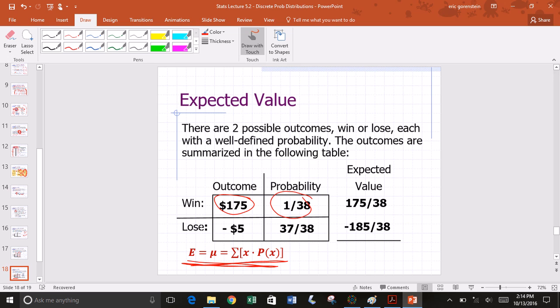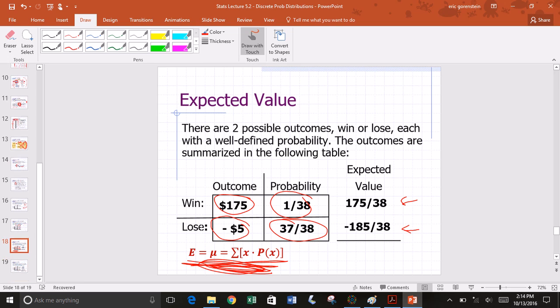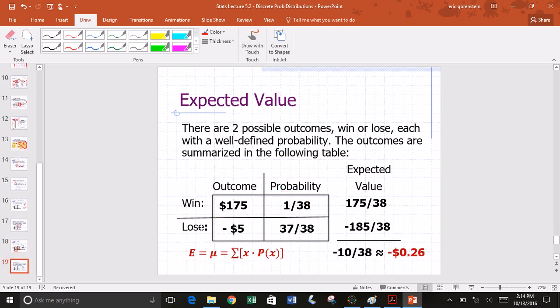And if we take, in the loss case, x times p of x, we get negative 185 over 38. So this formula says to calculate each individual value and then add them up. So the expected value for this particular experiment is negative 26 cents.